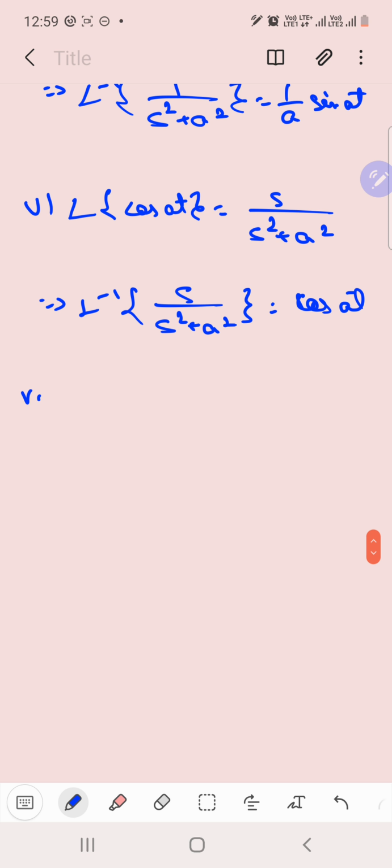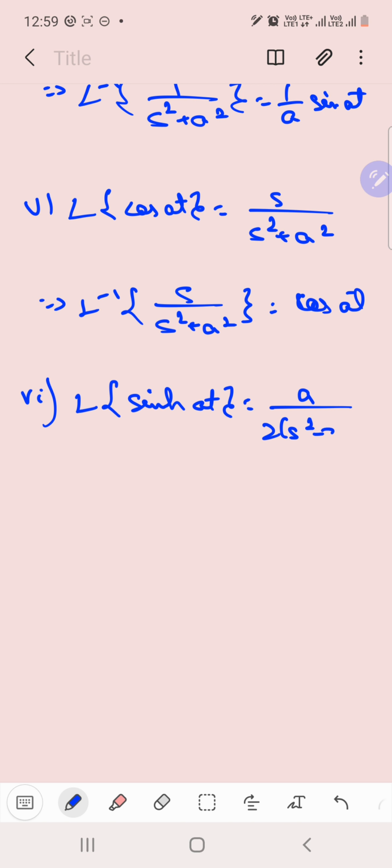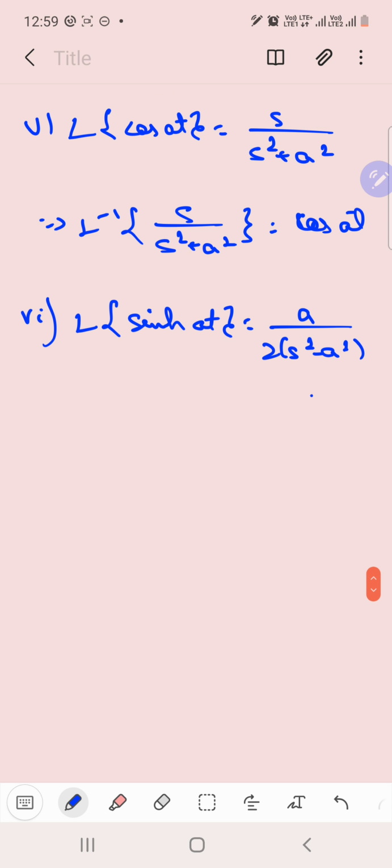Clear? Sixth one, Laplace transform of sine hyperbolic at is given as a over s square minus a square, where mod s will be greater than mod a.